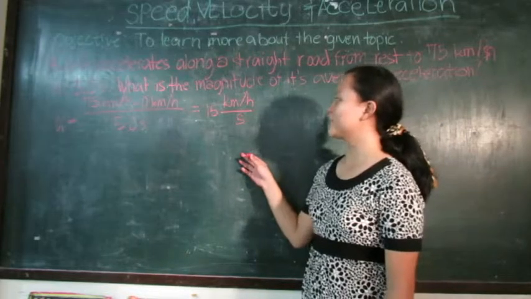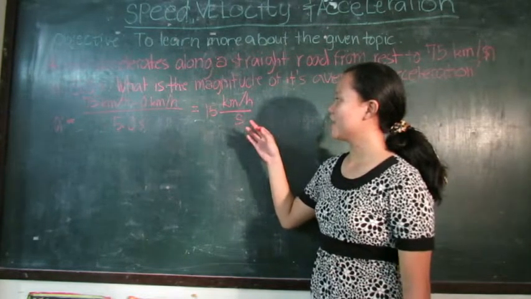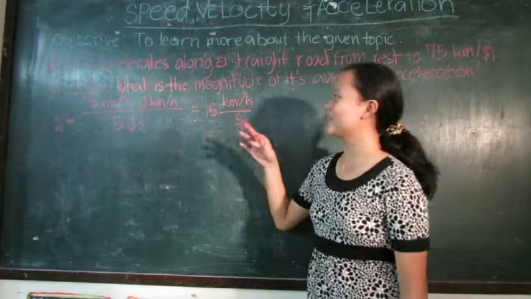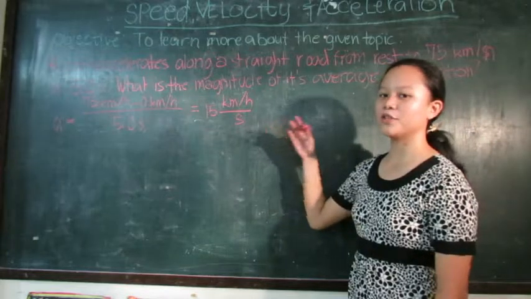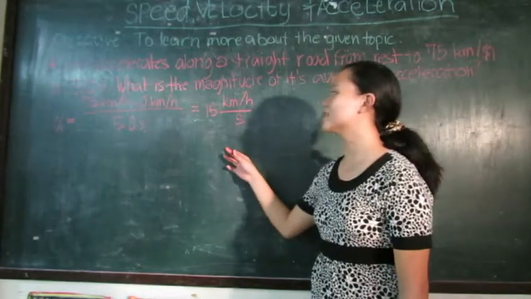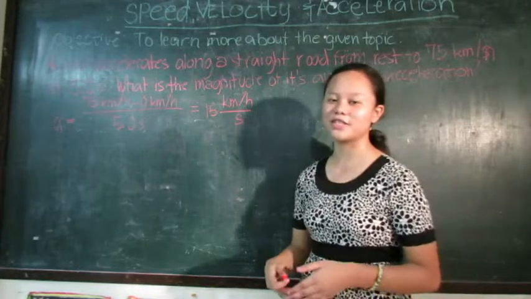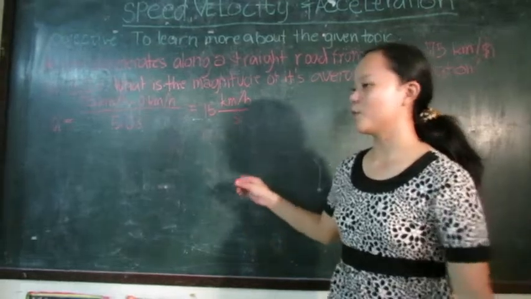So on average, this means that in every second there is a 15 kilometer per hour increase on the car's velocity. And so in 2 seconds, the car's velocity may have increased to 30 kilometers per hour.